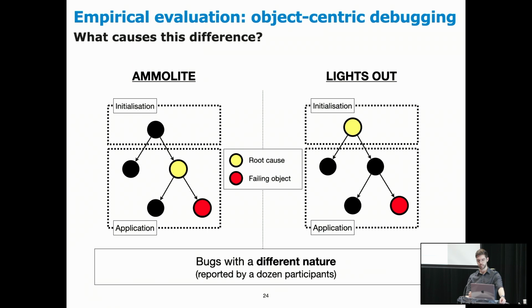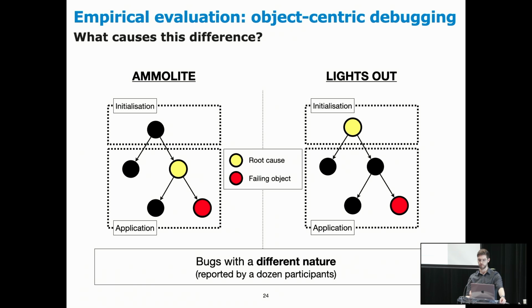And so this means that for amyloid, you can reproduce the bug without having to launch the application again, whereas for lights out, you have to restart the application to reproduce the bug. And this is the main difference between those two tasks.